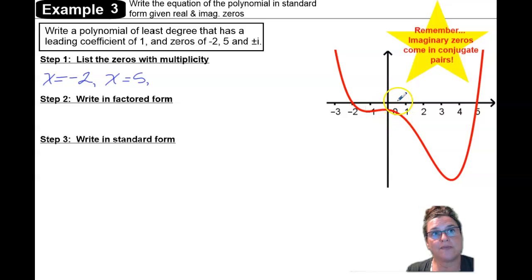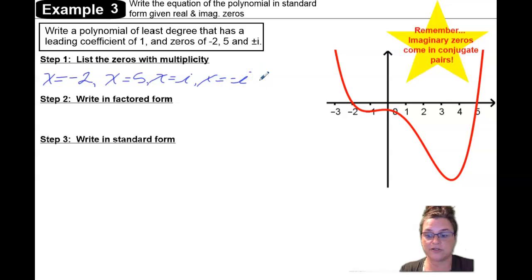If we moved it up just a little more, we'd have 4 distinct real zeros. So this is going to be a degree 4 polynomial, but in its current state, 2 of those zeros are imaginary. So x equals i and x equals -i, right? Those would be our remaining 2 zeros.